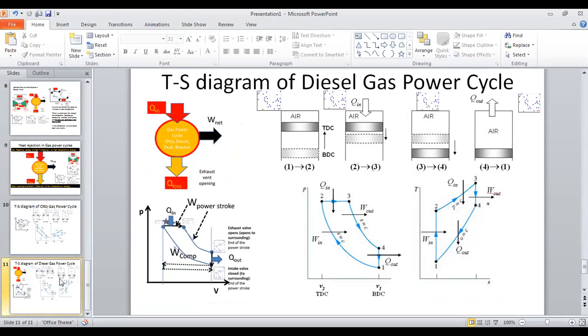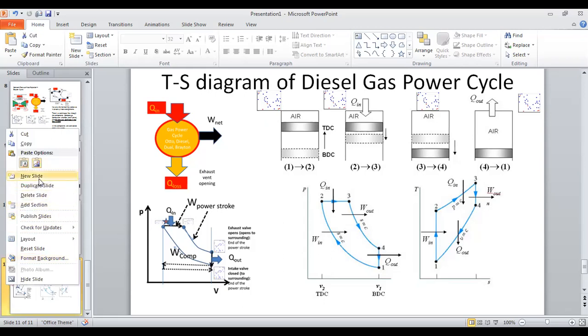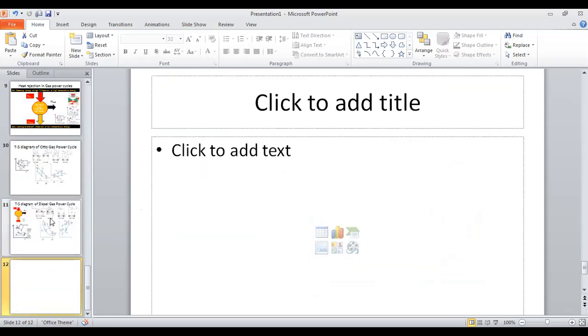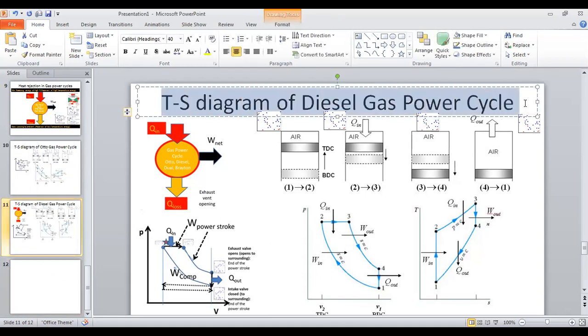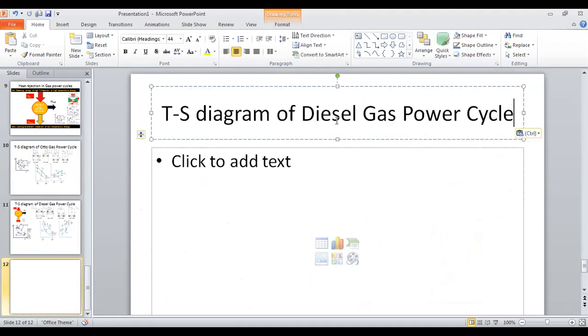Then we will look into the dual cycle, the dual gas power cycle.